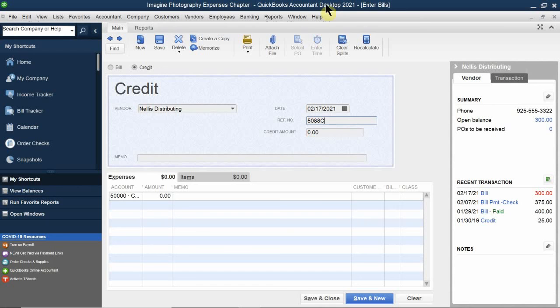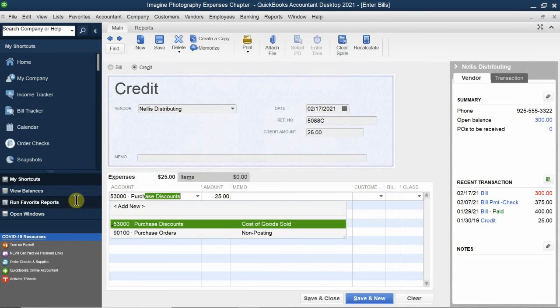This credit is going to be for $25, and we're going to make it a purchase discount. Right now it's cost of goods sold, so we're going to put this as a purchase discount.